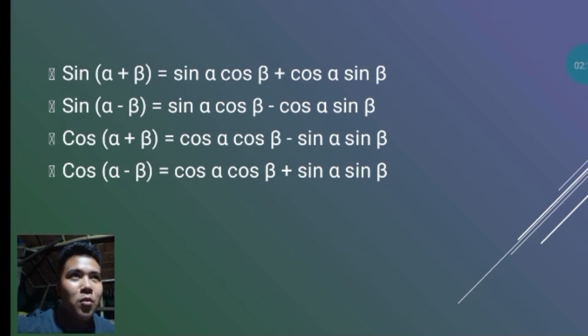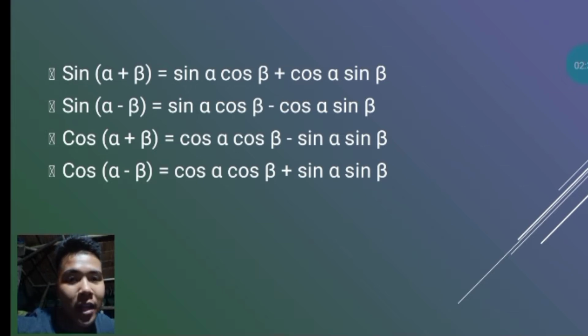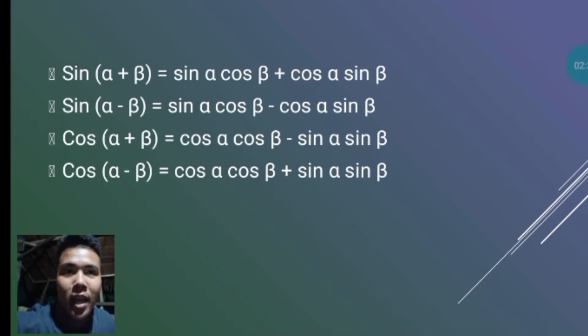Sine 200 has an exact answer, but it is very difficult if you cannot memorize, or we say familiarize, this formula. So when we say sine 200, it automatically belongs to the first and second formula, right? Sine A plus B, and below it, sine A minus B.